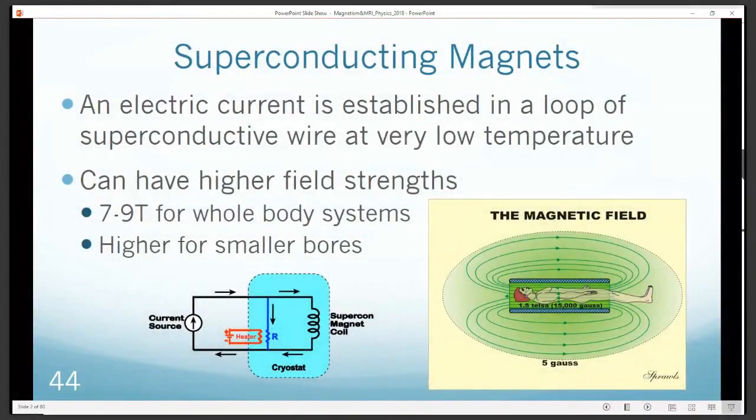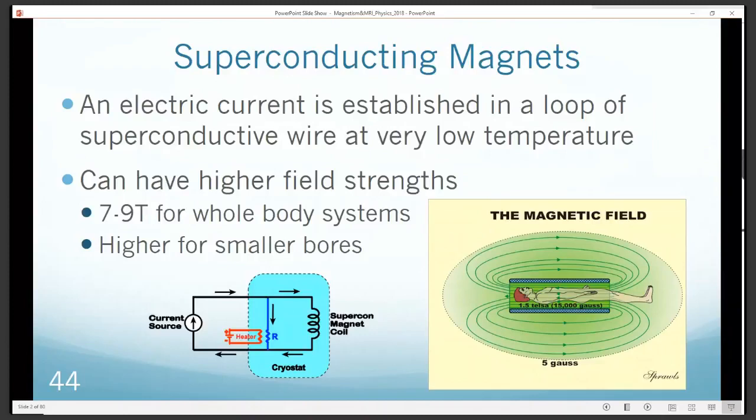Superconducting magnets are similar, except the coils are immersed in a liquid cryogen, typically liquid helium. The coils are made of a special type of metal that can become superconducting at very low temperatures. All you have to do is hook a current source up to them, turn on a heater so you have a little bit of resistance, apply current to the superconducting coil, and turn off the heater so it cools off and the resistance goes away.